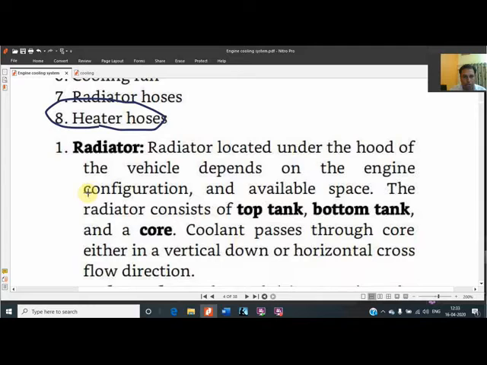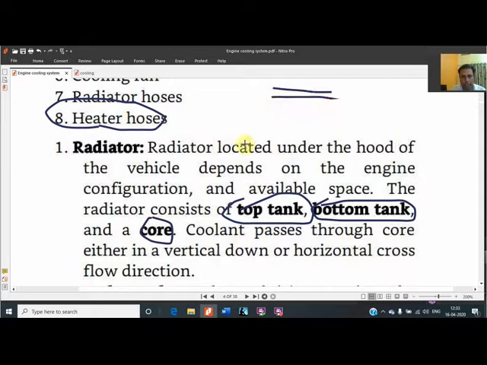The radiator is located at the front of the vehicle, depending on the engine configuration and available space. The radiator consists of a top tank, which will be shown to you through a video, a bottom tank, and a core. The coolant enters the top tank and goes through several rectangular galleries.